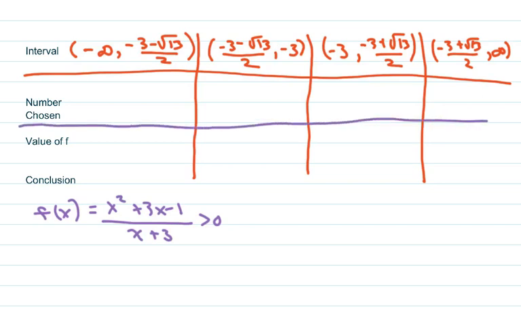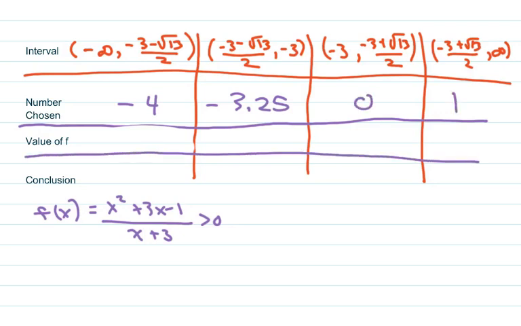For mine, I used negative 4, negative 3.25, 0 and 1.